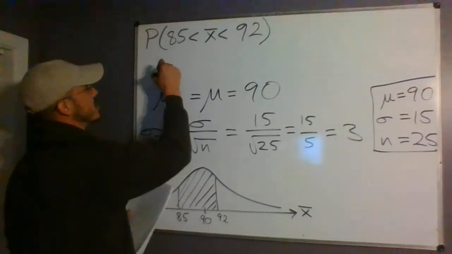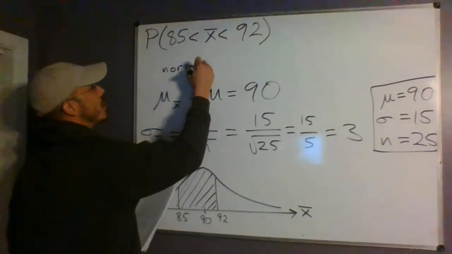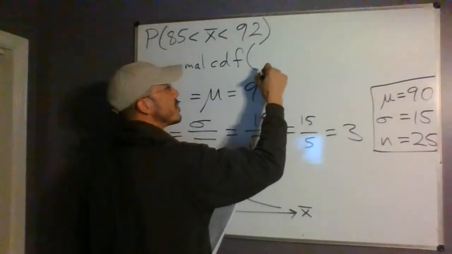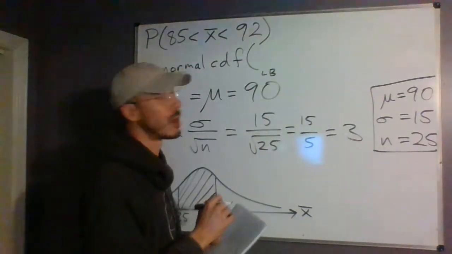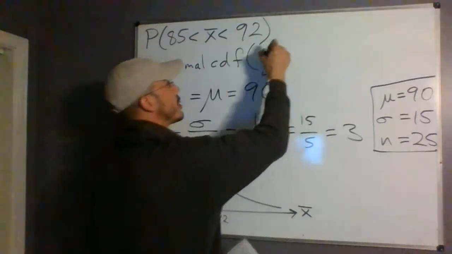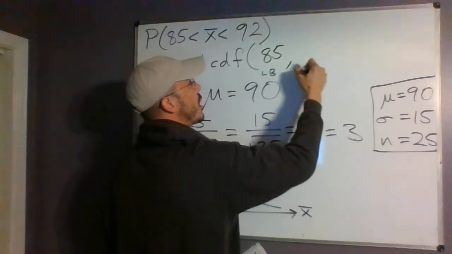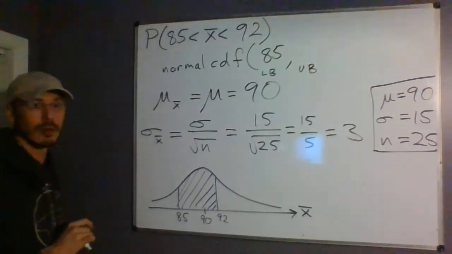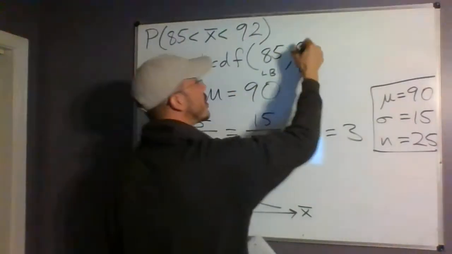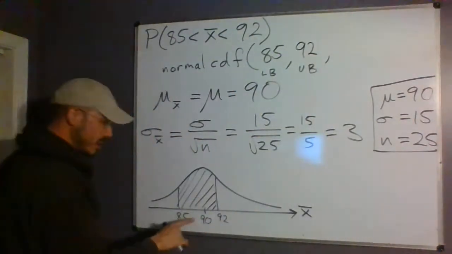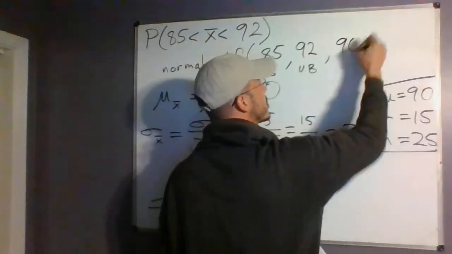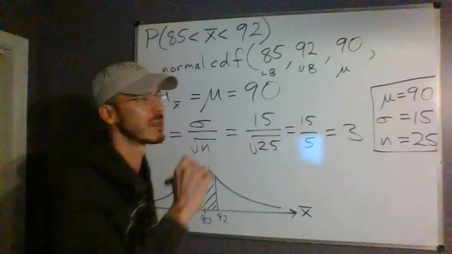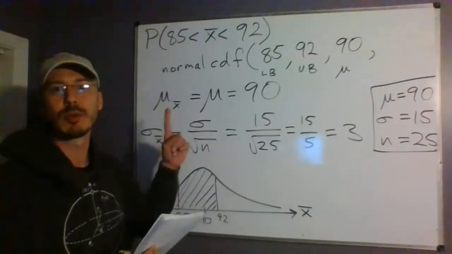How I put this into the calculator is really no different. I'm going to calculate this with a normal CDF. I need to put my lower bound 85, my upper bound 92, my mean, which is 90. I'm just going to put mu there because it's the same. Mu x bar is mu.